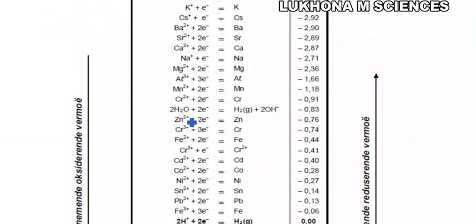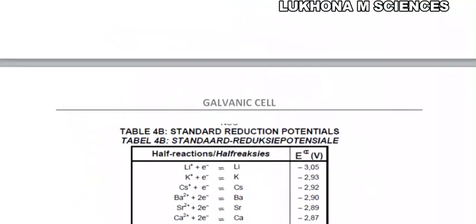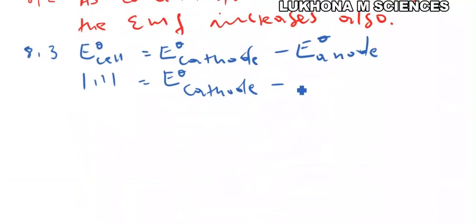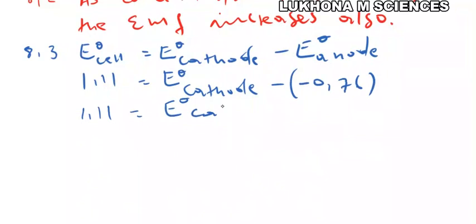This is the standard reduction potential table. This is the zinc, which is minus 0.76. Then we have 1.11, which is equal to E naught of the cathode minus minus 0.76.